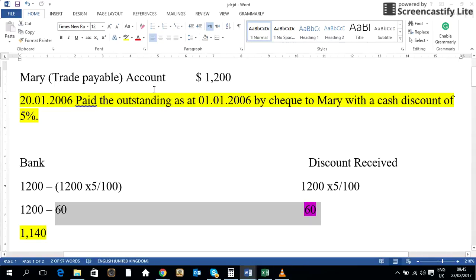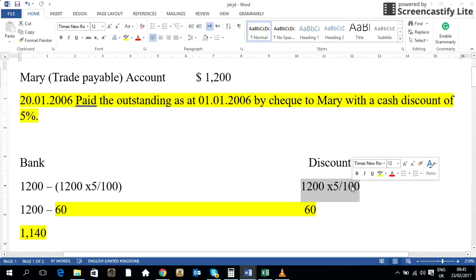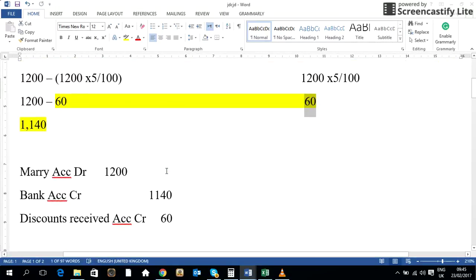So this is the amount that the firm has paid by check to Mary. And then to calculate the discount received, 1,200 into 5%. So 1,200 into 5 over 100, which gives an answer of 60. Now you should know the double entry for this. You debit Mary's account by 1,200 because this is the amount you are supposed to pay to Mary, and you credit the bank by 1,140, and then you credit the discount received account by 60.